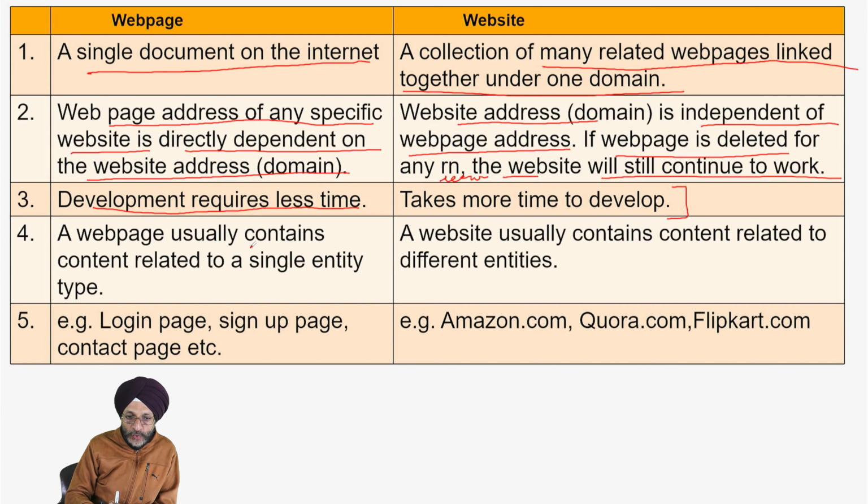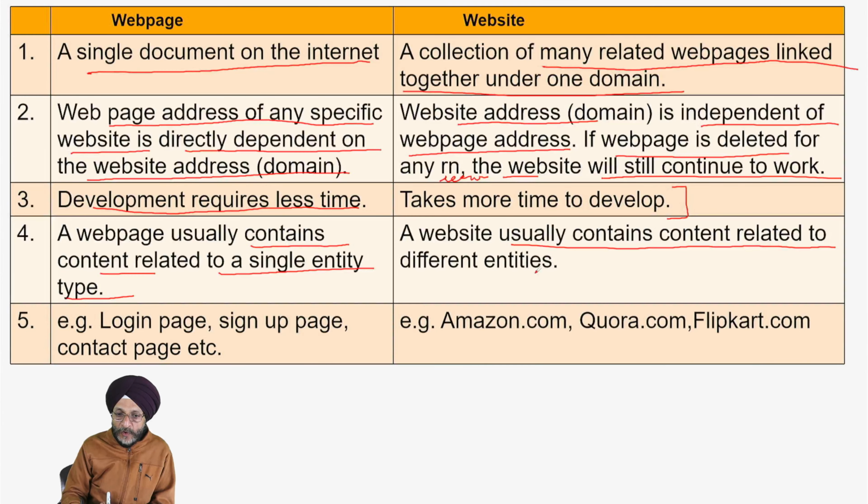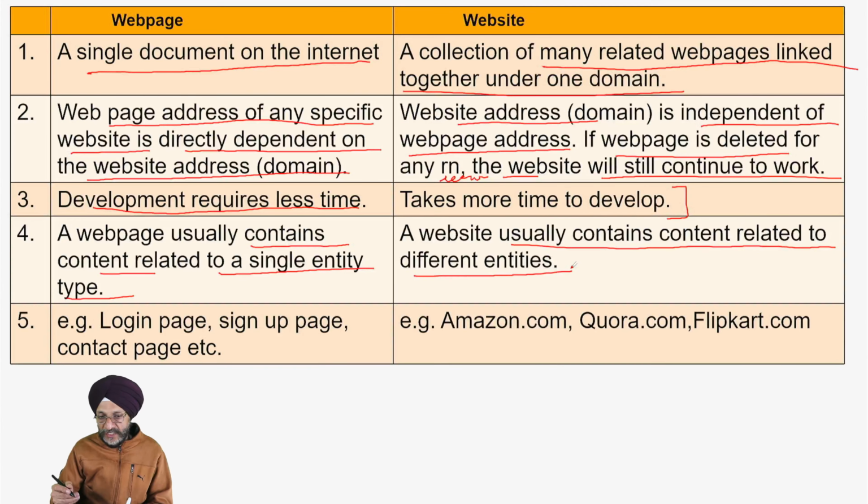A web page usually contains content related to a single entity type. A website usually contains content related to different entities. For example, if we take Amazon, if we click Amazon.com, then we are shown the products related to different companies on a single page.